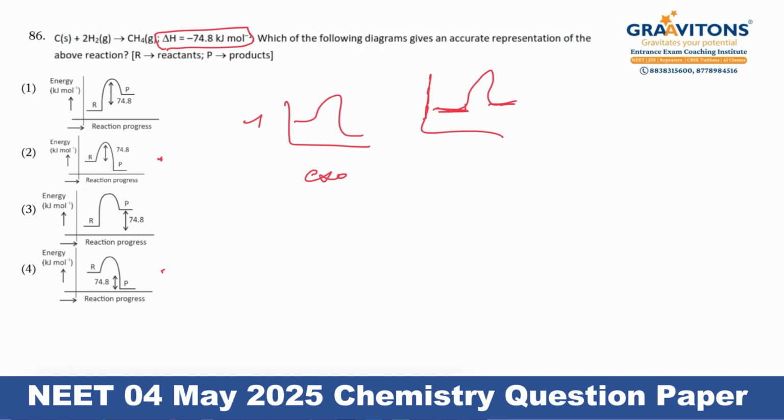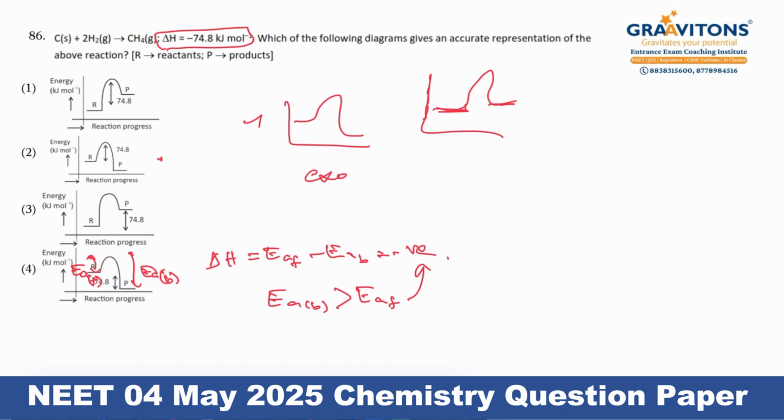Among that, delta H represents, we all know that delta H is equal to EAF minus EAB, which is said to be negative here. Okay, so here this is said to be EA, the energy of activation of forward, and this is the energy of activation of backward. So EAB must be greater than EAF so that you will get a negative value.